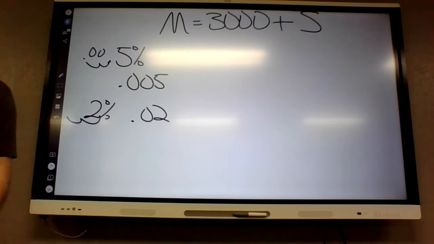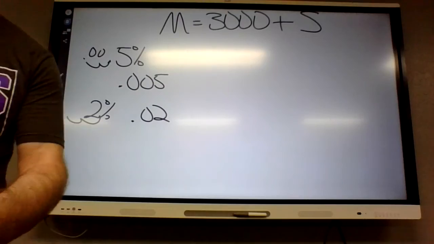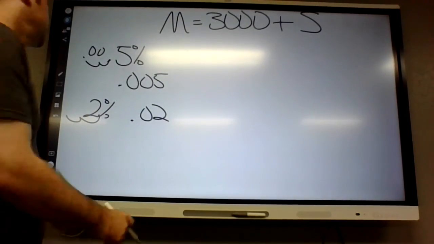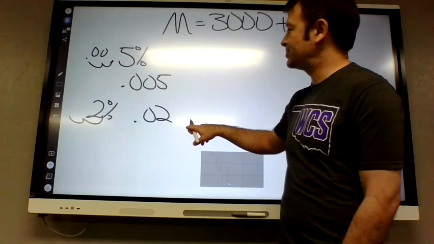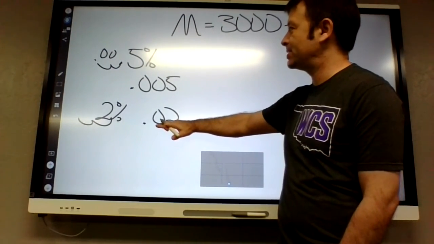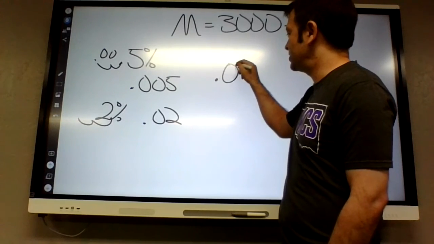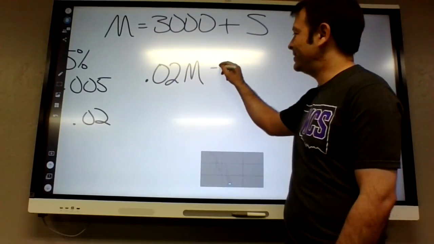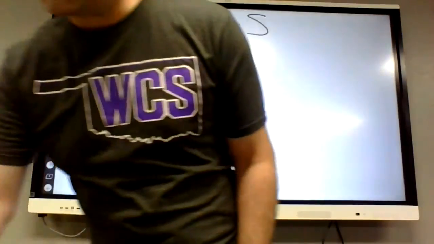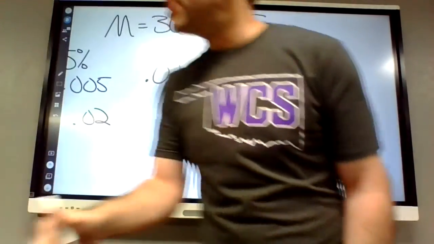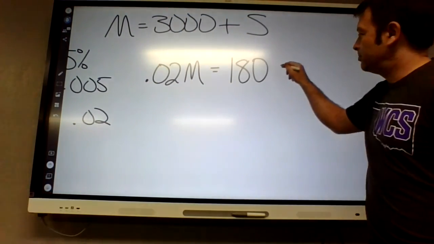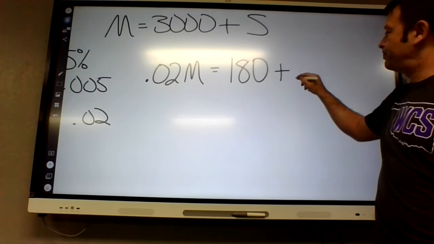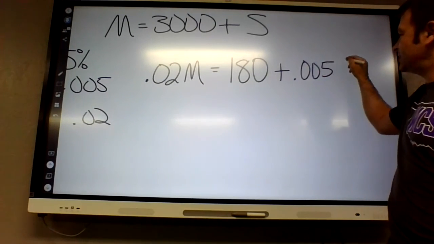How much is invested in each account if the annual interest that he earns on the 2% is 180 more than the 0.5%? The money that he gets from his money market is going to be 2%, they told us. So 2% of the money market is going to be 180 more than the 0.5% on his savings account.